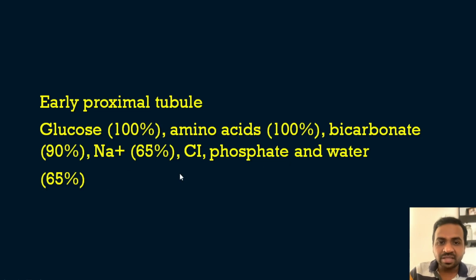So these many things are getting absorbed in the early proximal tubule. From an exam point of view, you can remember almost 100% glucose and amino acids, 90% of bicarbonate, and 65% of water. Those things at least you should remember from the early proximal tubule.